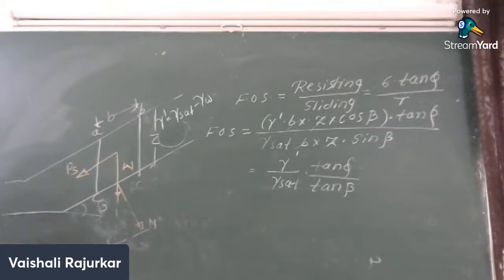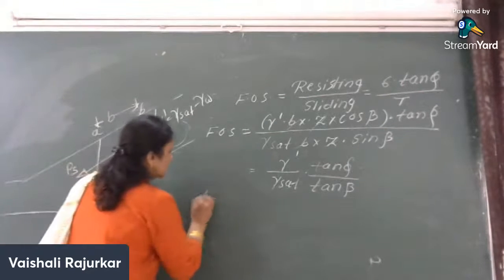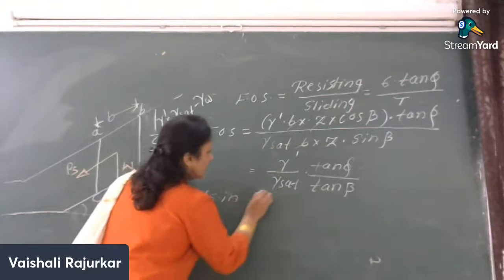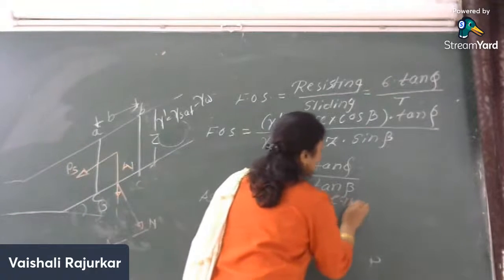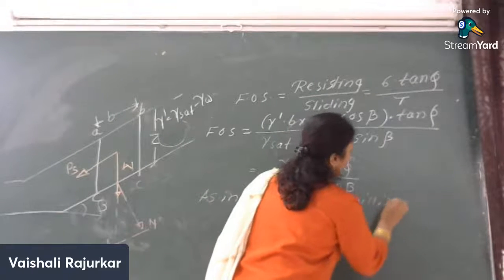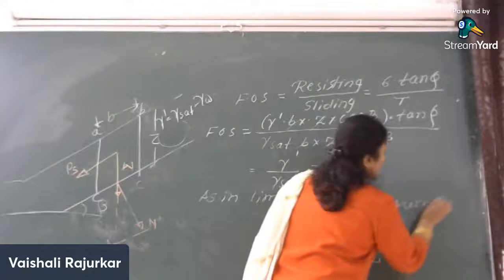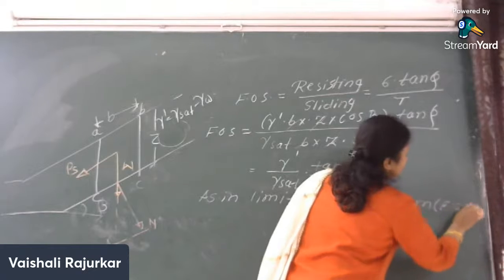So as again in limiting equilibrium, factor of safety is 1.